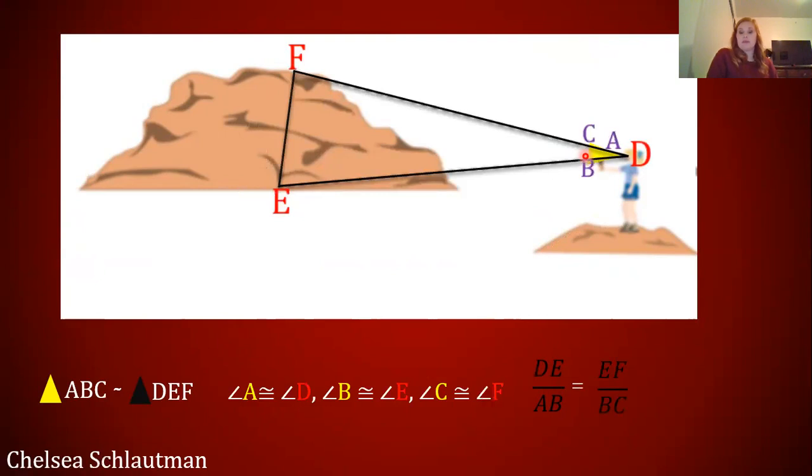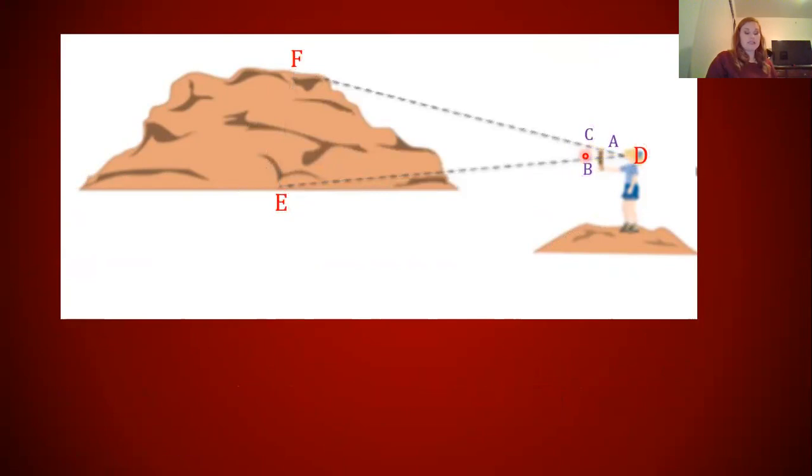It is going to be the same as point BC on the smaller triangle. And lastly, we have line DF, which is going to be the same as the line AC on the smaller triangle. Next, we're going to try to find out the height of the cliff.